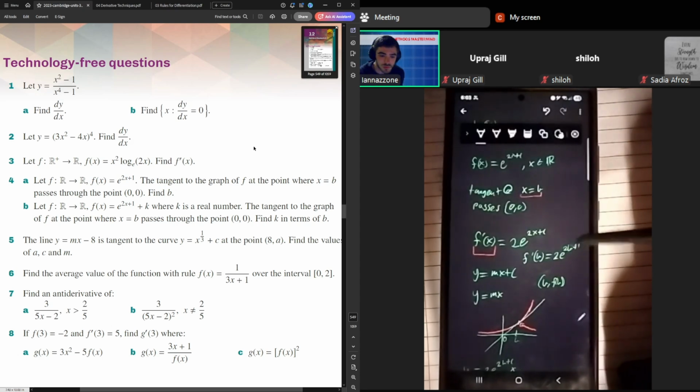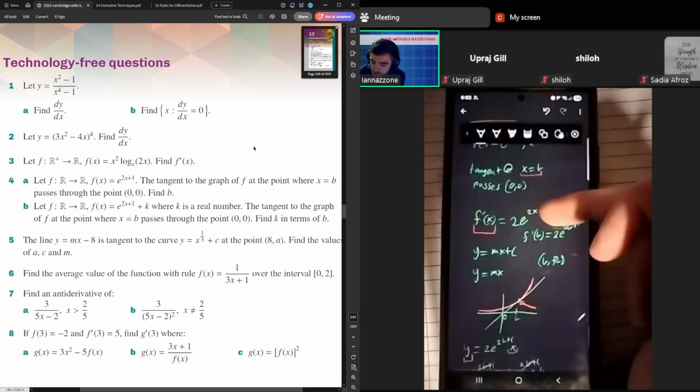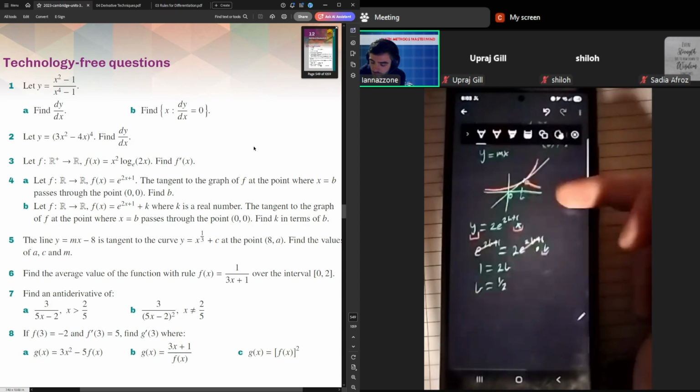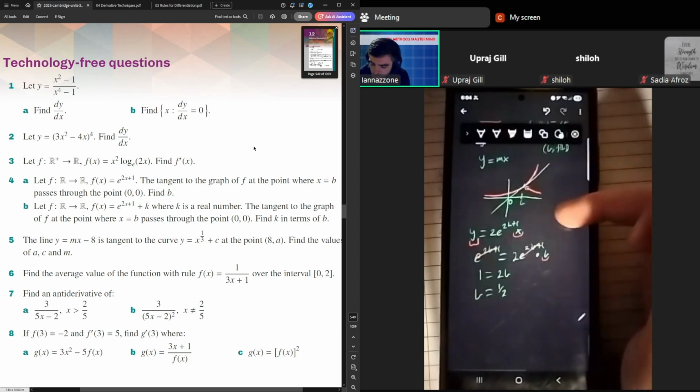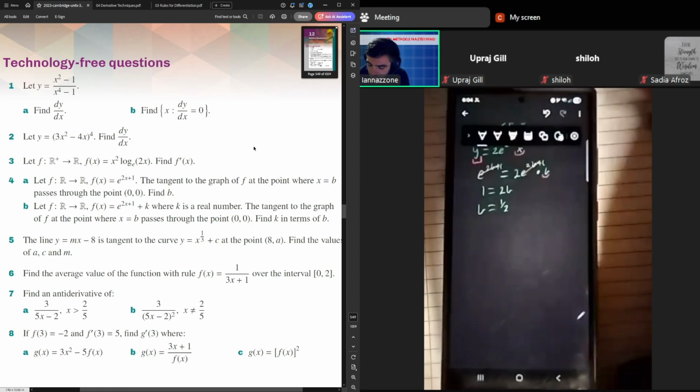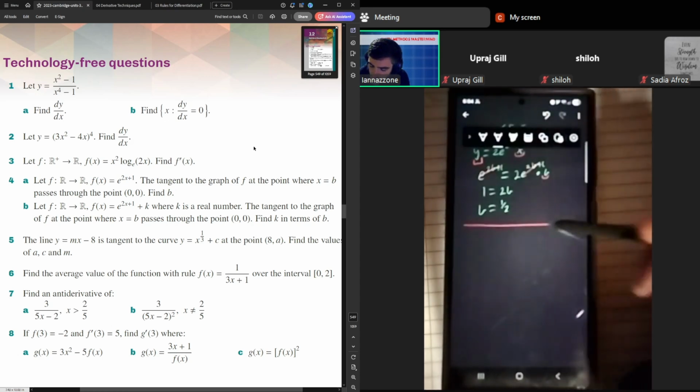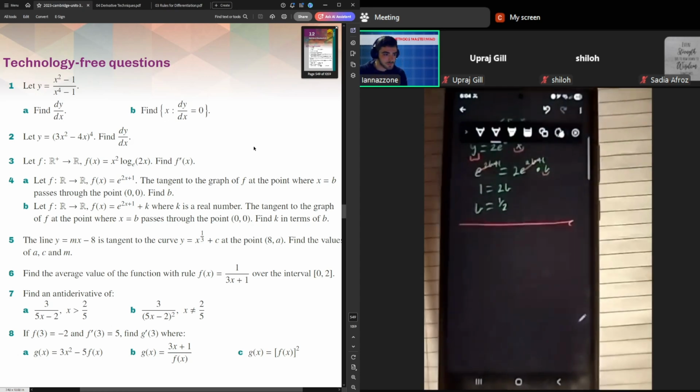So even if you don't really know where it's going, just start creating the sort of framework that you already follow for tangent lines, and then just keep going until you realize, oh, I've actually got a fair bit of information to work with now. But yeah, that's how we go about that one. Anything left to clarify there?